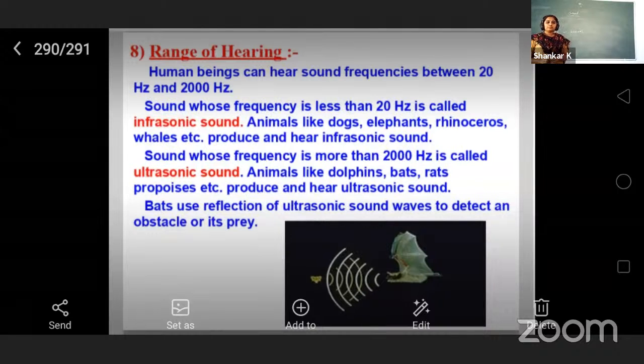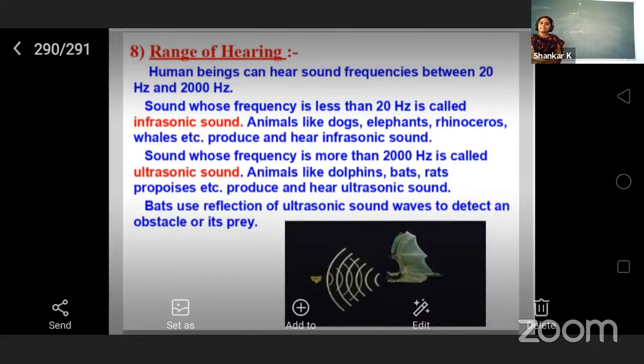For example, elephants, rhinoceros, whales and dogs make infrasonic sound.